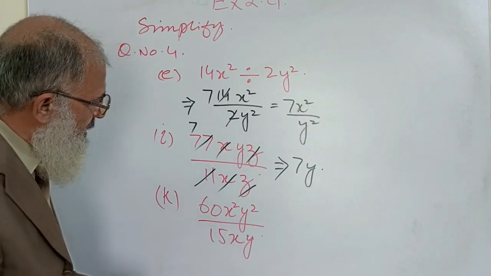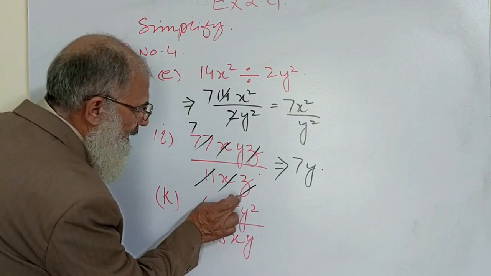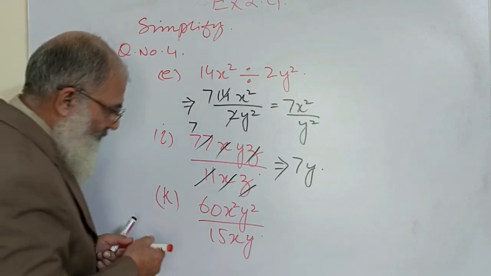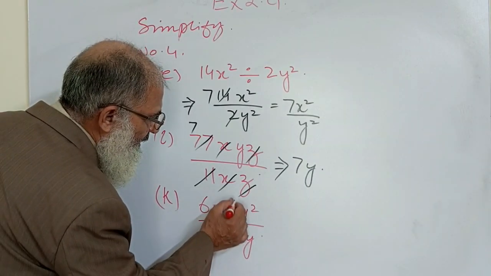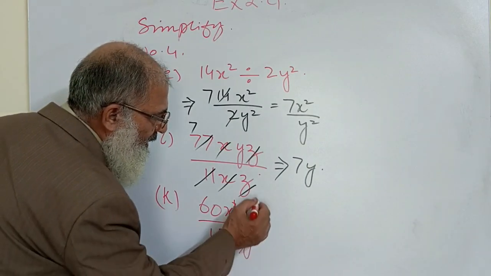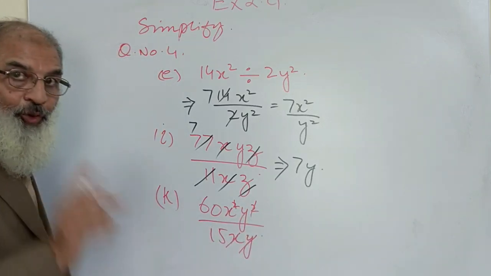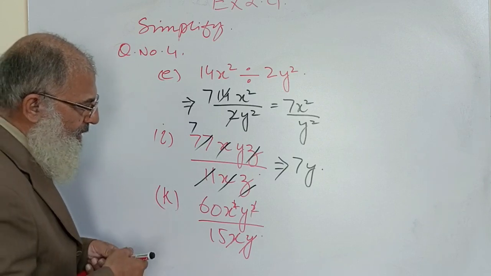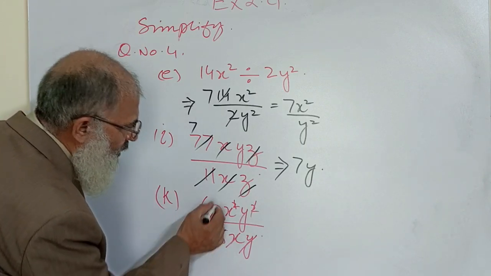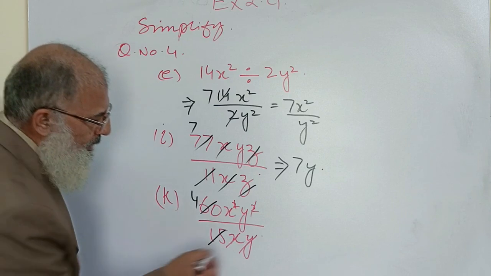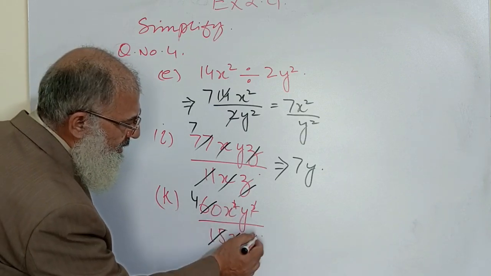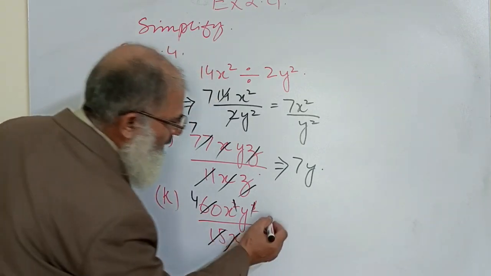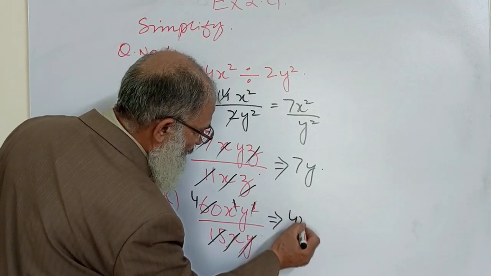So these will cancel in the powers. To recap the fact, I'll tell you how it is possible. Now it will become 4, and the answer is 4xy.